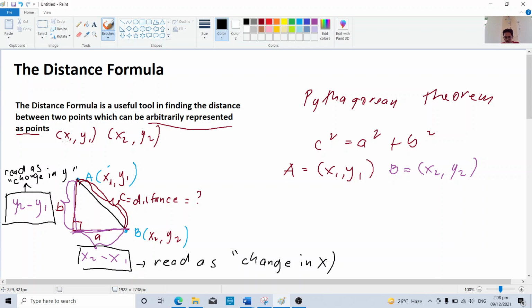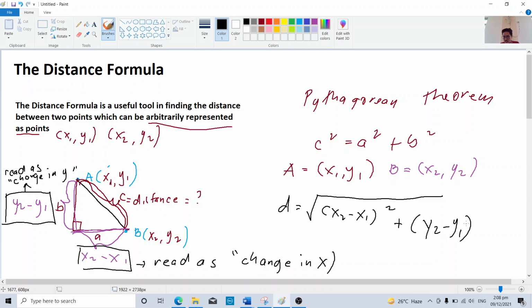Now, to find the distance formula, we have distance is equal to the square root of x sub 2 minus x sub 1 squared. Ayan, kasi may squared doon. Plus y sub 2 minus y sub 1 squared.